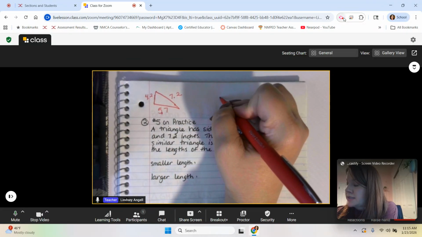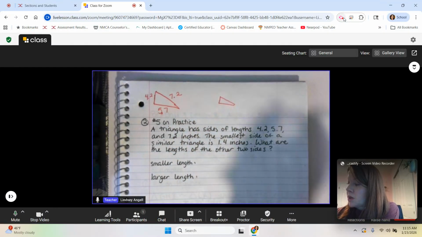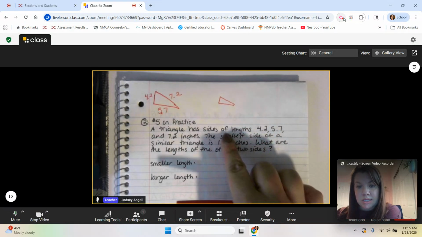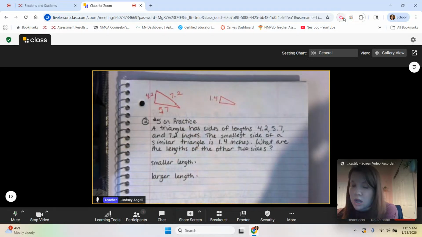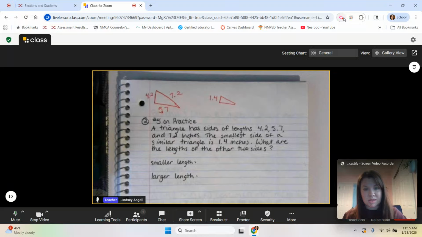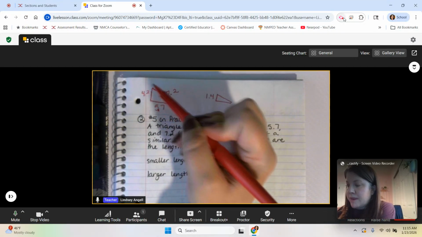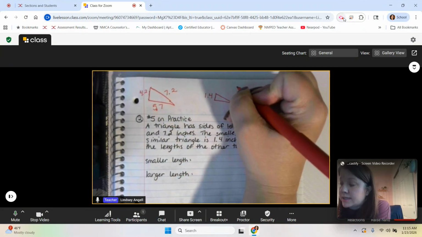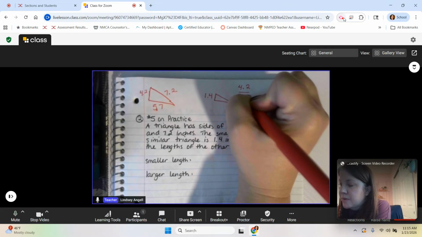Well, if I draw a similar triangle, but this time the smallest side in this other triangle is only 1.4 inches. I really did not do a good job drawing mine, but the important thing is that we can line them up, okay? Because now I can create two different proportions for these. I can compare my shortest side to my second longest side, so 4.2 to 5.7.